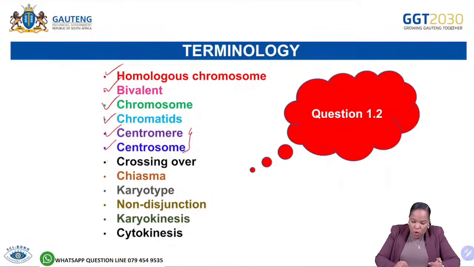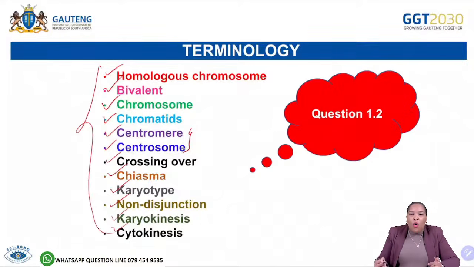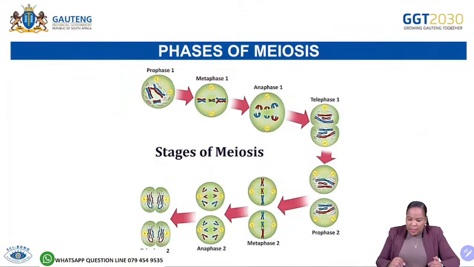Please make sure that you know. Crossing over, chiasma, a karyotype, nondisjunction, karyokinesis, and cytokinesis. Please make sure that you know this terminology because it might appear on your paper tomorrow, any of these terms on your paper tomorrow on question 1.2. That is your terminology question.